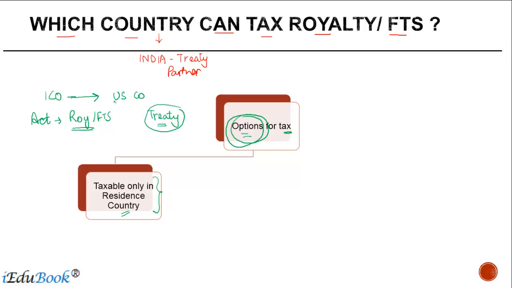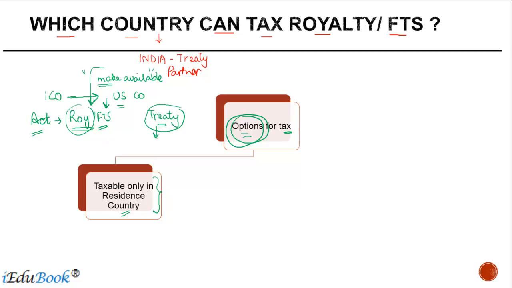One such situation could be, and this we will see later in the presentation, in the India-US treaty, there is something known as the Make Available clause. What this clause does is that where the payment is in the nature of FTS, fee for technical services, it is provided in this treaty that unless and until such services make available, and the meaning of that is obviously to be discussed later, it will not be taxable in India.